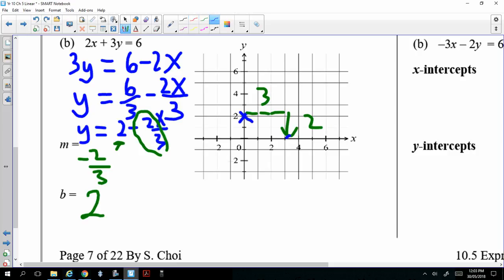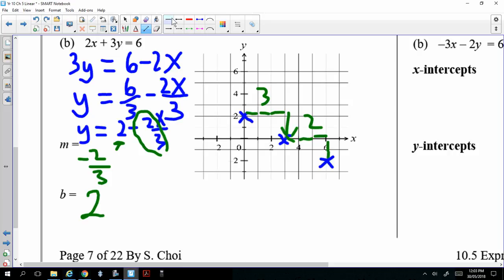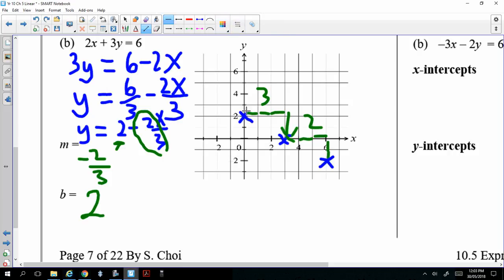So -2 over 3 means you go 3 across, 2 down, and you can do that again, 3 across, 2 down, and then put a cross here. Once you get 3 crosses, use a ruler to draw a line, something like this. I change the color to blue.